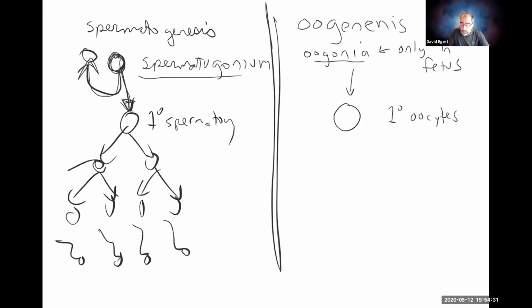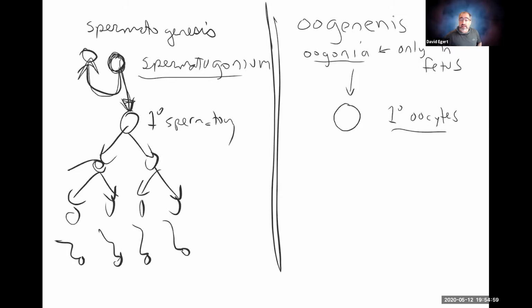When you're born, all of your eggs are already stalled at the beginning of meiosis as primary oocytes. So every egg that you ovulate throughout your life actually got started before you were born, was put on hold, and then got reactivated to continue meiosis.